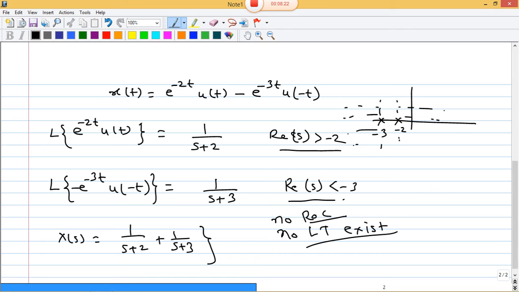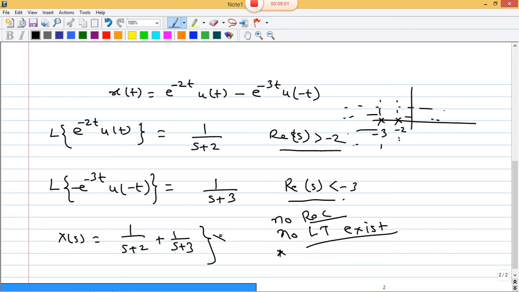Is that clear? So we have to note down one point here, that every two-sided signal may or may not have a Laplace transform. It totally depends on the ROC. So maybe it has a Laplace transform, maybe it has not. If a valid ROC is there, then we can say x(t) has a Laplace transform, otherwise not.